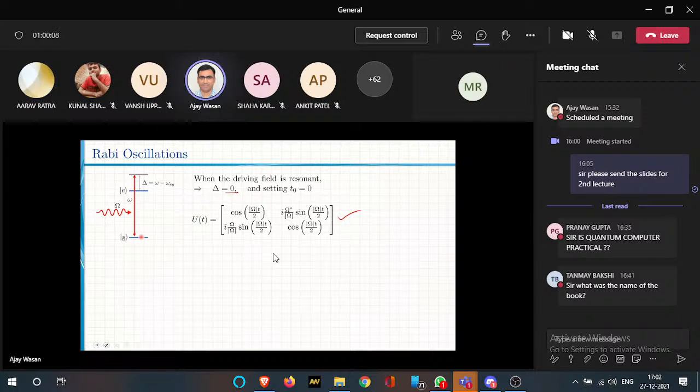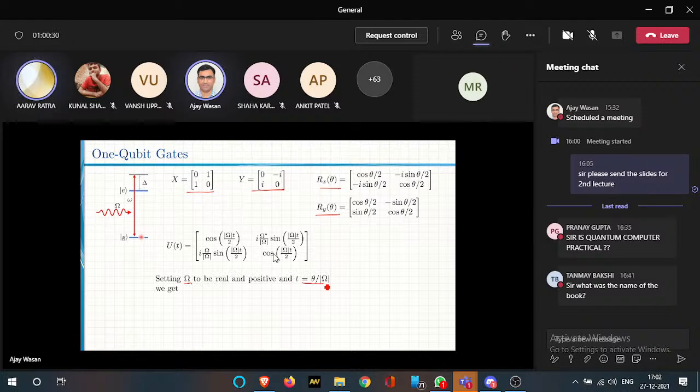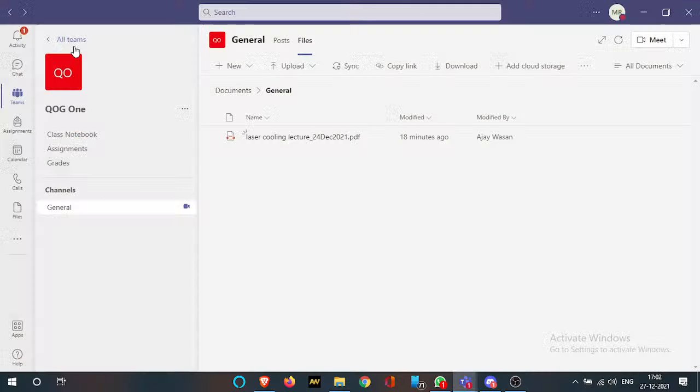In this matrix, I'm going a little fast. Before I go to that, we have already shown the x, z, and I showed you the y matrix like this. We have rotation matrices in quantum computing. So if I substitute the right value of omega or the time, this matrix reduces to the rotation matrix, just like this in quantum optics.